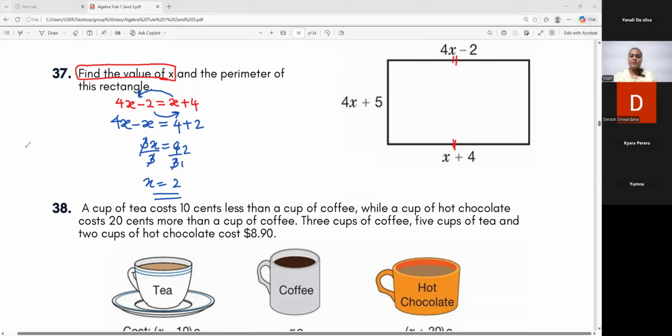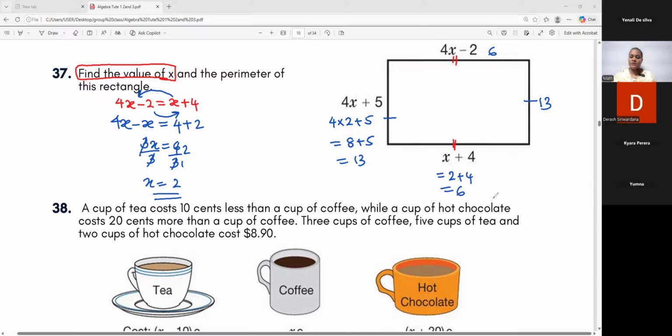Then perimeter means the length around the shape, or all the side lengths. Now 4x plus 5. 4 into x, which is 2, plus 5. 4 into 2 is 8. 8 plus 5 is 13. If this side is 13, the other side is also 13. And here x plus 4. x is 2. 2 plus 4 is 6. If this is 6, the other side is also 6.